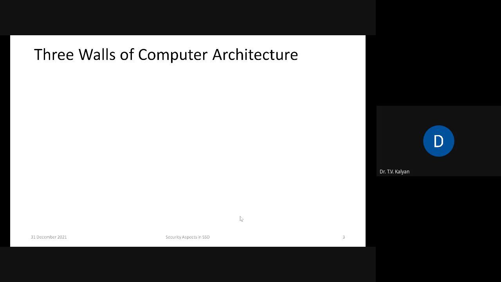To begin with, the very basic stuff is the popular notion of three walls of computer architecture, right? The reason why I brought this up is that the modern computer architecture that we study, or the one which is implemented in almost all the chips that are available to us, is heavily influenced by these walls.